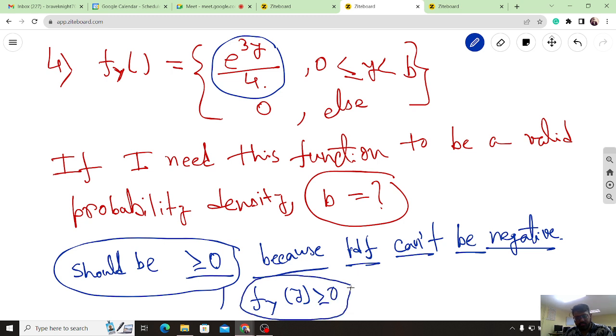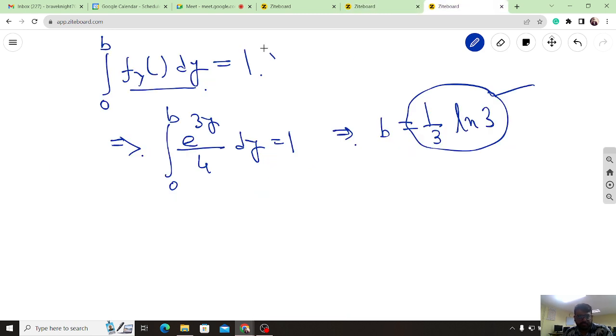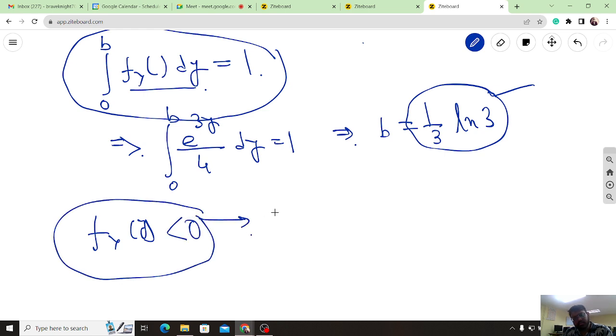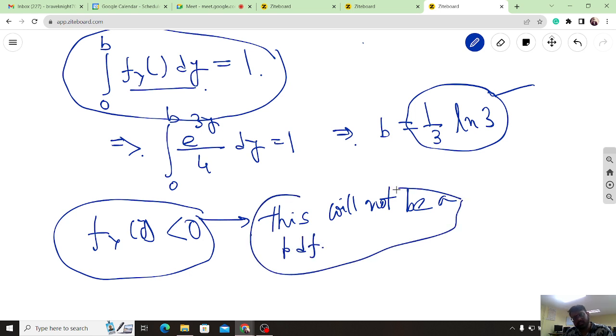It's always positive, it's a non-negative function. That's the key catch here. Even if this condition holds, but somehow for some value f of y is less than 0, this will not be a PDF. This is the key catch here.